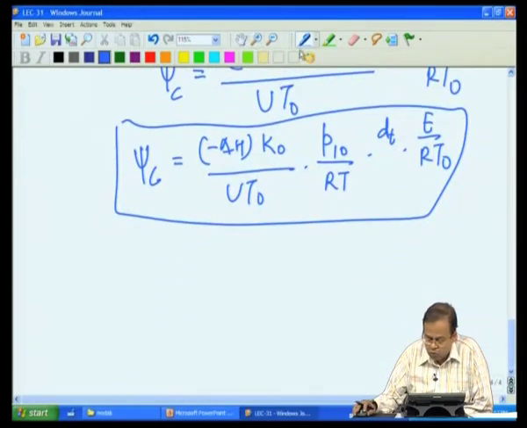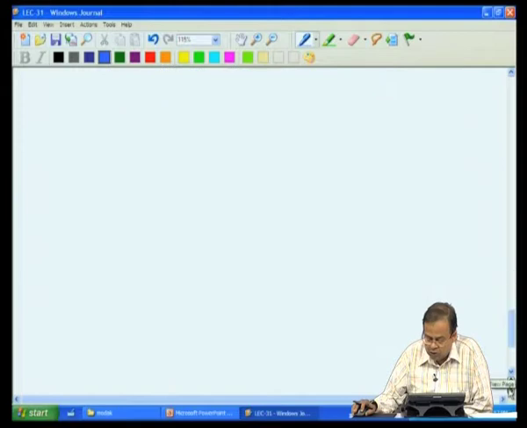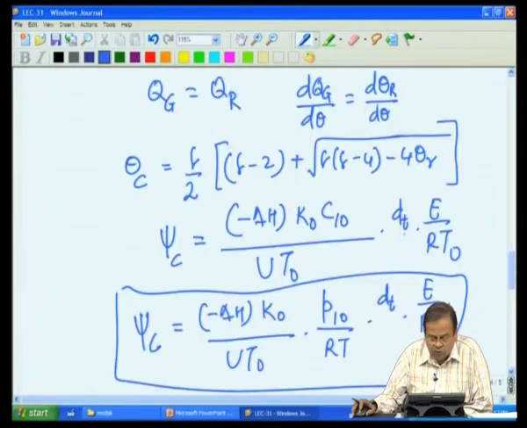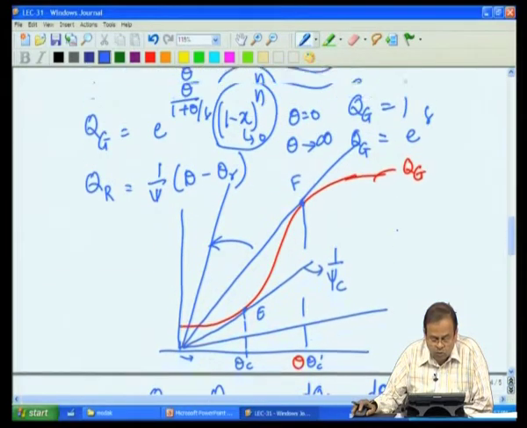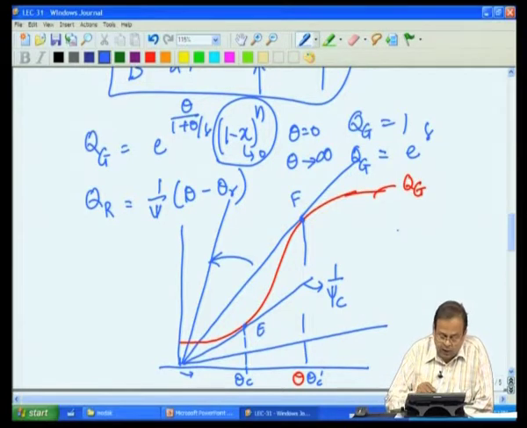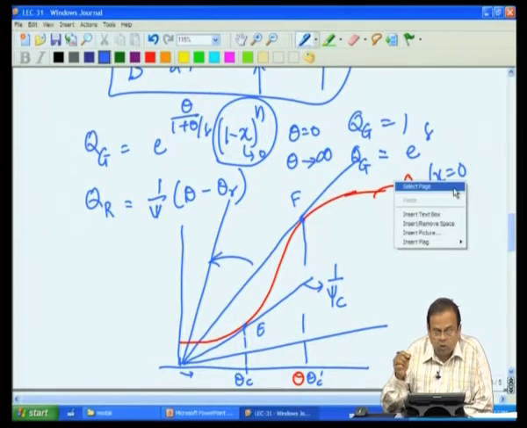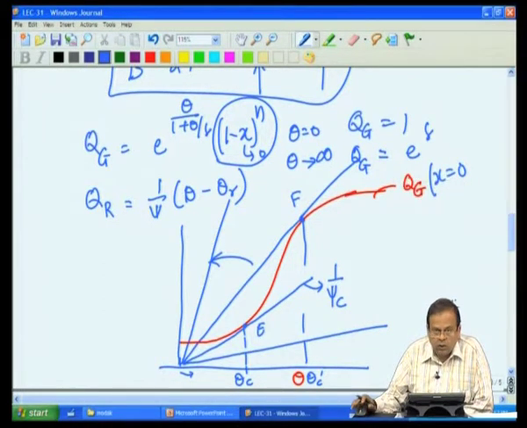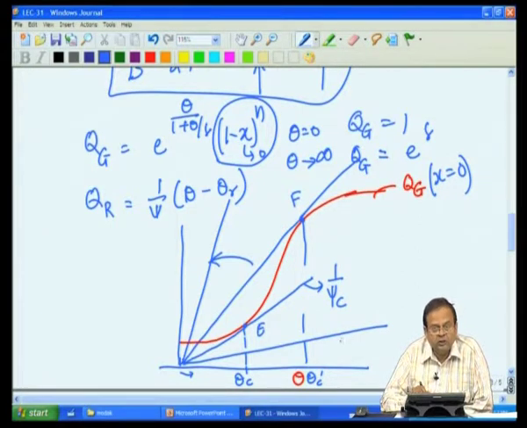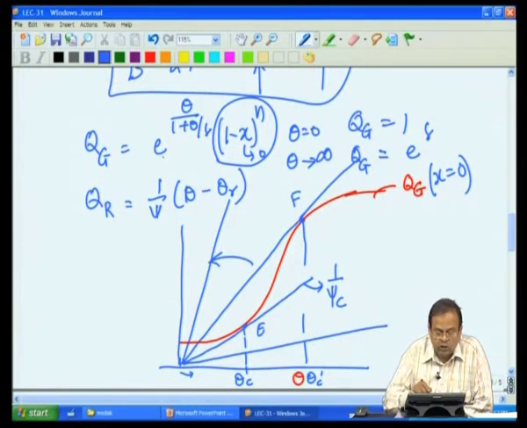To do this, I am going to redraw this figure, but I just want you to notice the following fact. If this is my line QG with x equal to 0, then for a different value of x, my QR curves remain the same, but my QG will have a lower value.